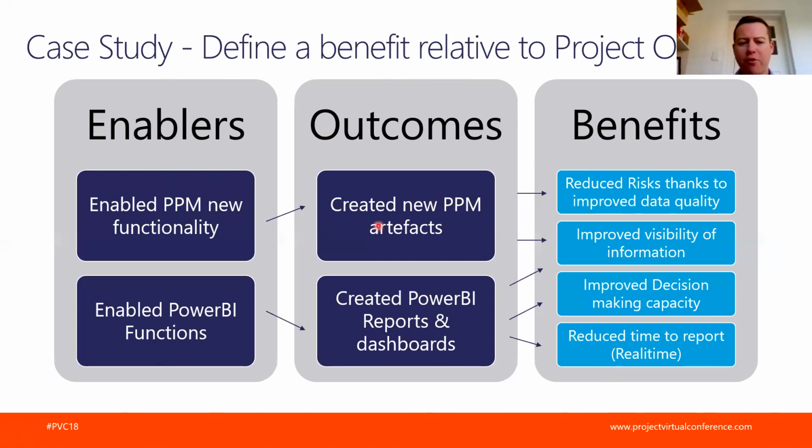So the benefit of the creation of new PPM artifacts is actually to reduce the risk thanks to an improved data quality. Right? So we've created new information and we have better data quality. So we are reducing the risk of a project delivering late, or finding too late into a project that it is not going to be delivering the way we would like it to be delivering.